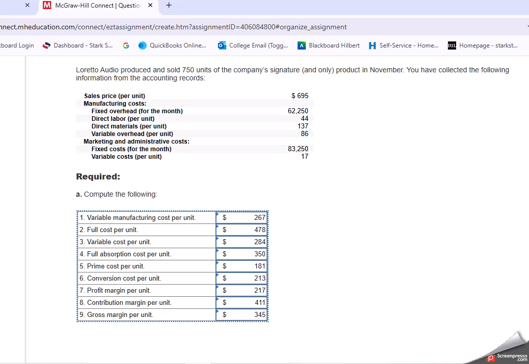And then our gross margin per unit is our selling price minus our cost of goods sold, which would be our manufacturing costs, which are the full absorption. Is that the one? Yeah, the full absorption. So the full absorption has all of our manufacturing costs. So our selling price minus that full absorption gives us our gross profit margin per unit.